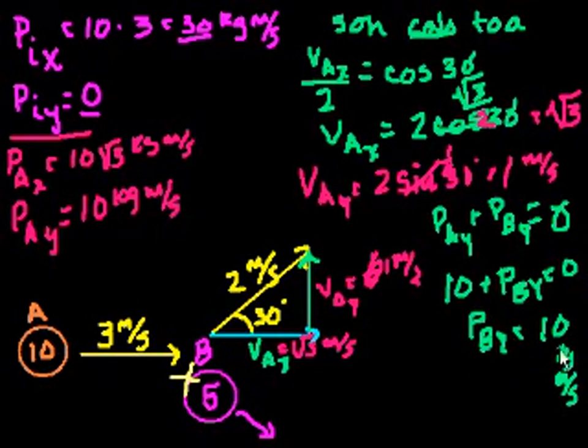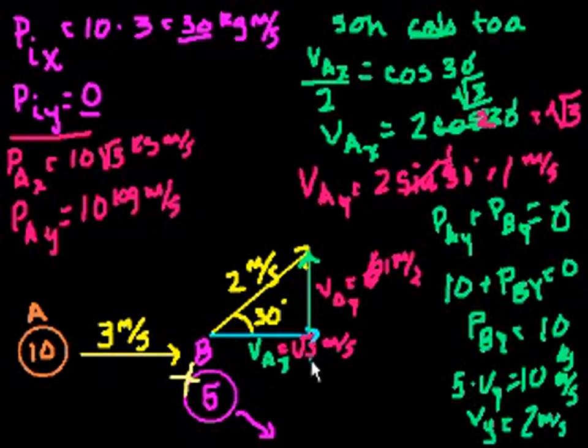So if its momentum is 10 in the y direction, what is its velocity in the y direction? Well, momentum is equal to mass times velocity, right? So 5 times the velocity in the y direction, that's its mass, is equal to 10. 10 is its momentum. So the velocity in the y direction of B must be 2 meters per second.